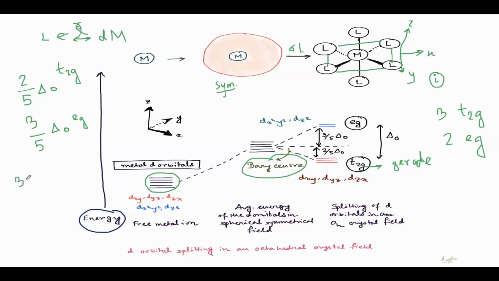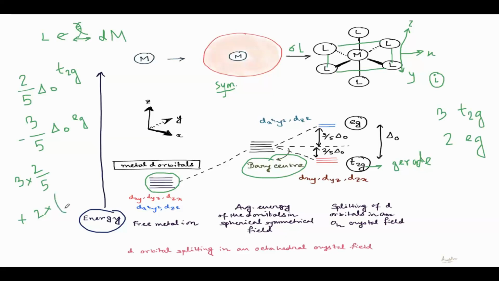So we multiply 3 into 2 by 5 delta O, and then we add the total for the eg orbitals, 3 by 5 delta O. Now since their energy is in the opposite direction, T2g having energy downwards and eg having energy upwards, if we think of one of the orbital energies as positive, then automatically the other one will be termed as negative. So let's say this eg is negative.